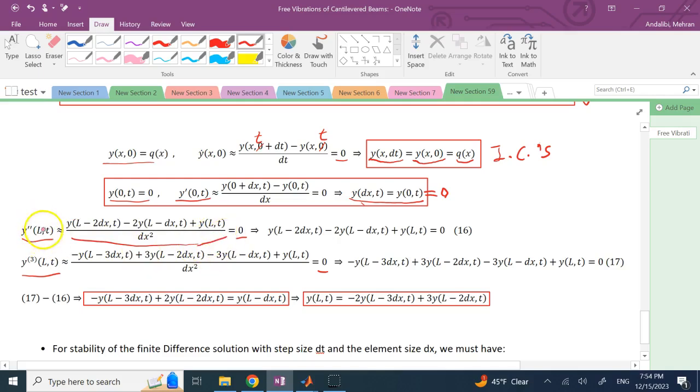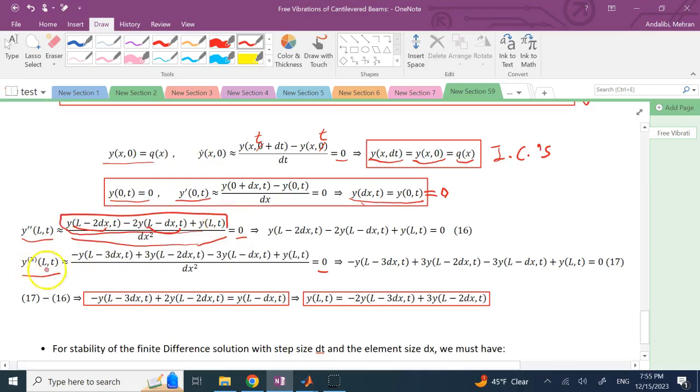Because if you are at the very right node at L, there is no extra node on your right side. So from L, you have to go back to the left. Here we go to 1 node to the left of L and 2 nodes to the left of L and set that equal to 0. That means this numerator equals 0.